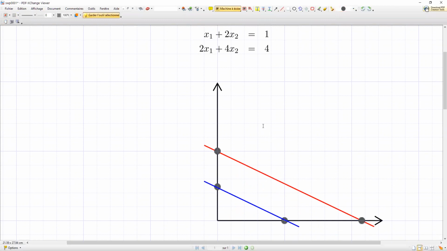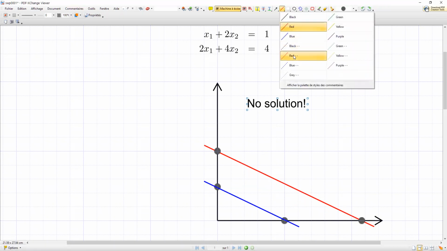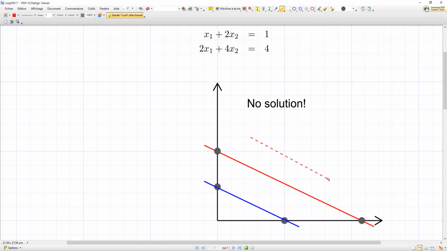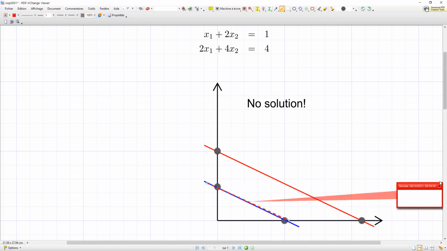So no solution. In the other case, when this was 2, we had exactly the same equation. So in that case, we had an infinite number of solutions.